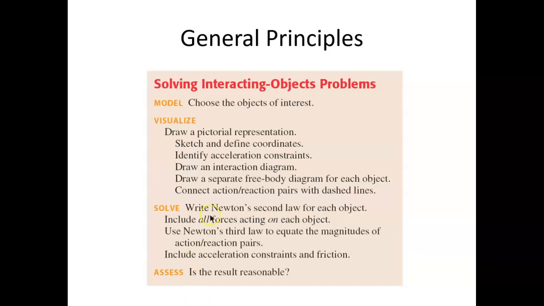And then you're going to look for areas in which to combine those equations together. Once you do the vector addition and apply Newton's second law and sum the forces in the x and y direction for each object, you're going to try to look for common variables that they have.